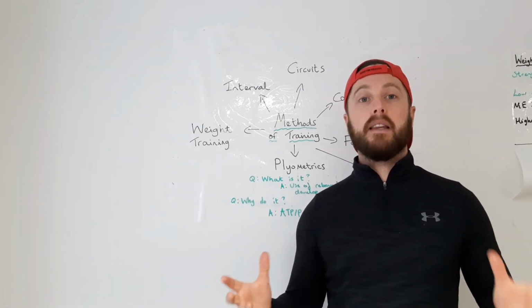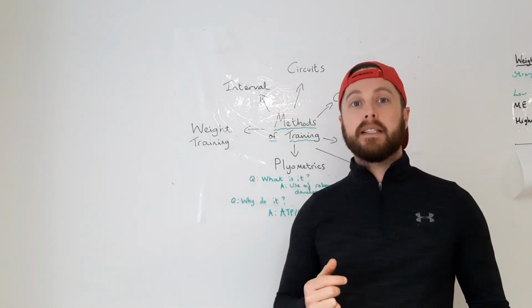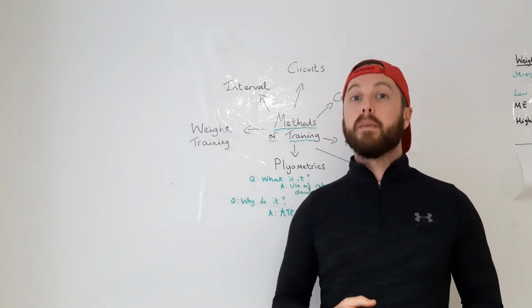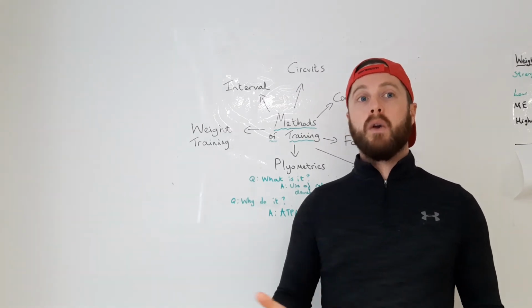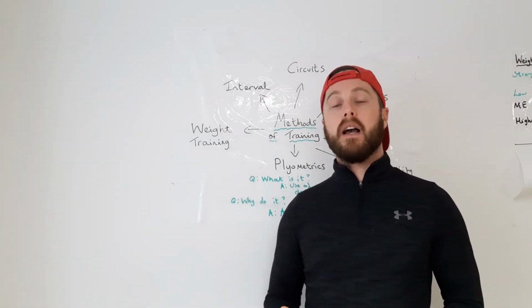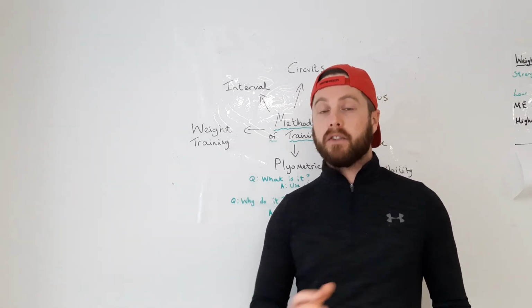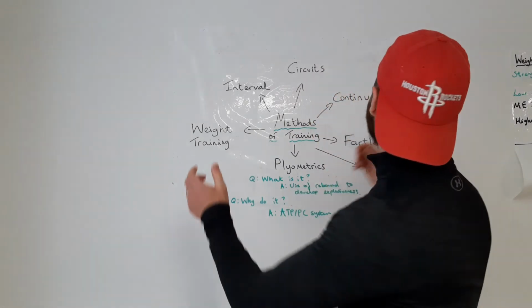So again, depending on what you're looking to develop, if it's the ATP-PC system, it's going to be that lower rep range with maybe a 2-minute rest in between sets to replenish the ATP-PC stores. Whereas with the rep range where you're lifting maybe 20 reps and less rest time, you're going to start developing the lactic acid system.